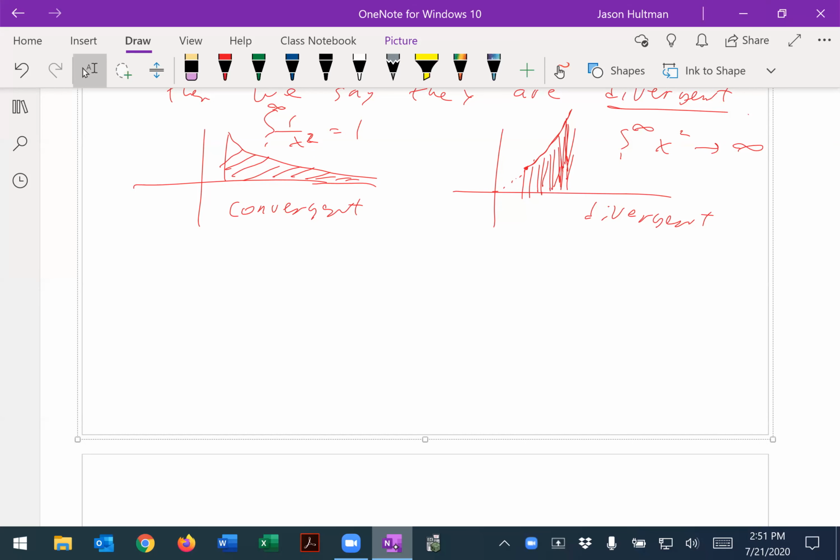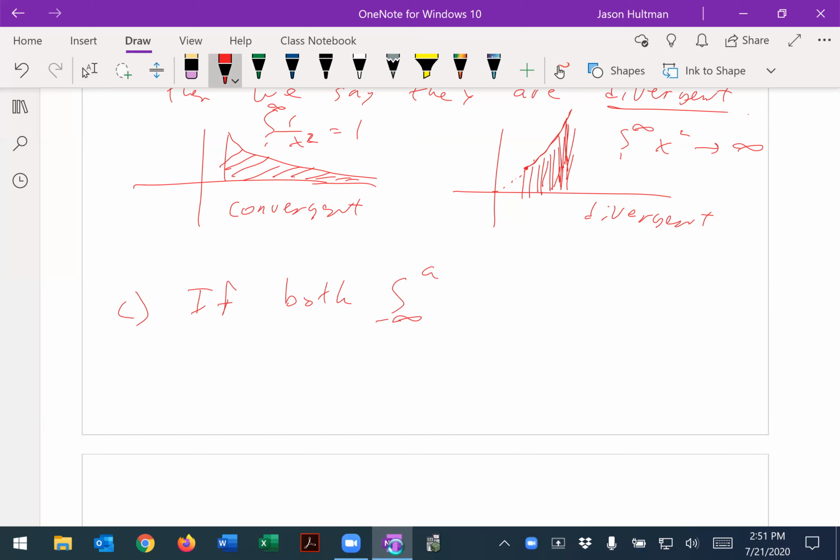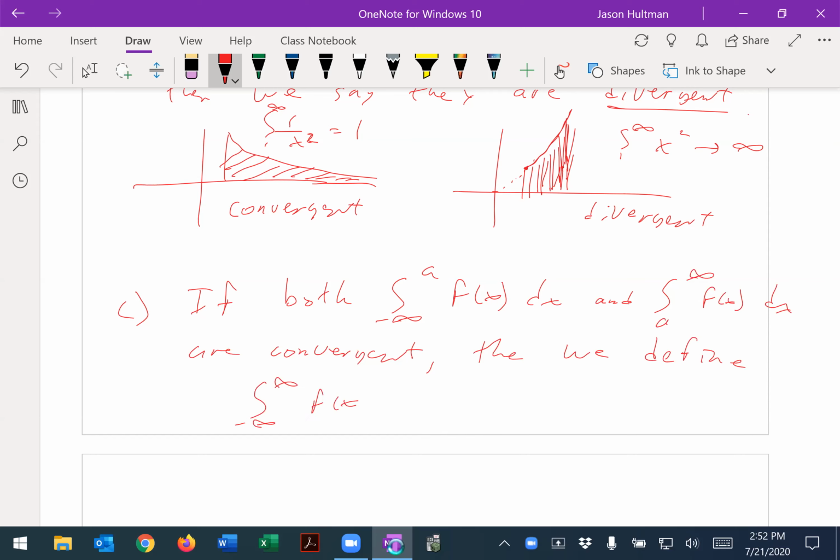Okay, so convergent, divergent. If both the integral from negative infinity to a of f of x dx and the integral from a to infinity are convergent, then we define the integral from negative infinity to infinity of f of x dx as the integral from negative infinity to a of f of x dx plus the integral from a to infinity.